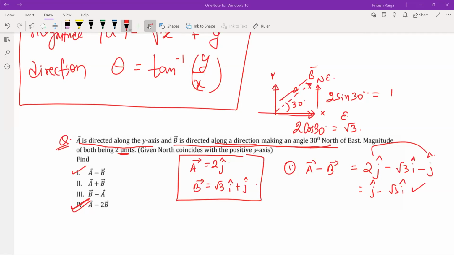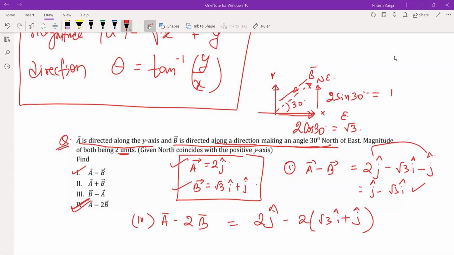Number 2. Now that we have the a vector and b vector, we will do a vector minus 2b vector, that is 2j cap minus 2 times root 3 i cap plus j cap.